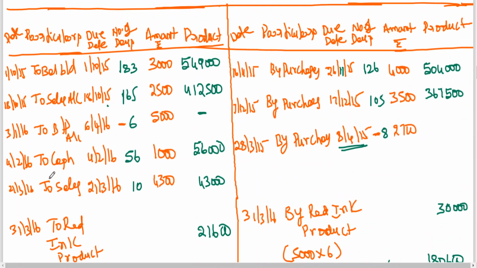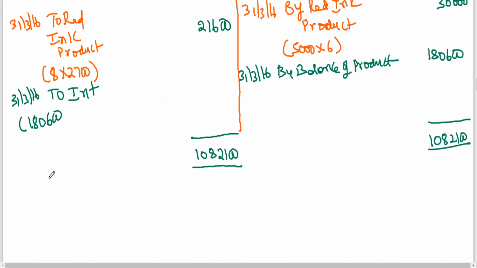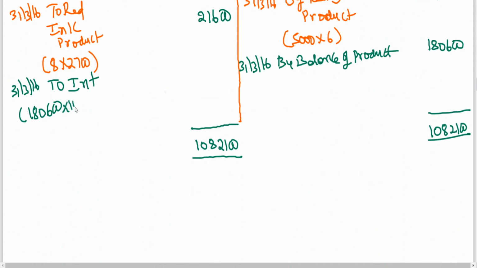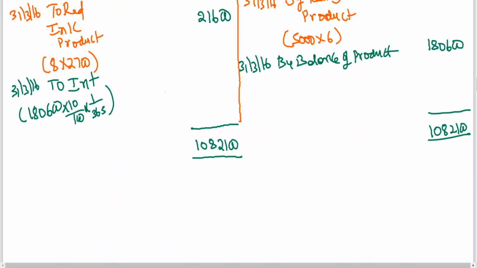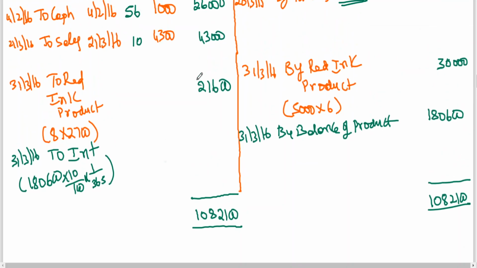You can see the rate of interest is 10%, 1/365. It is coming to 49.4. Whether rounding off is given or not, we take the nearest rupee. Nearest rupee means I will be taking 49 rupees. Which column am I writing this in? Amount column.